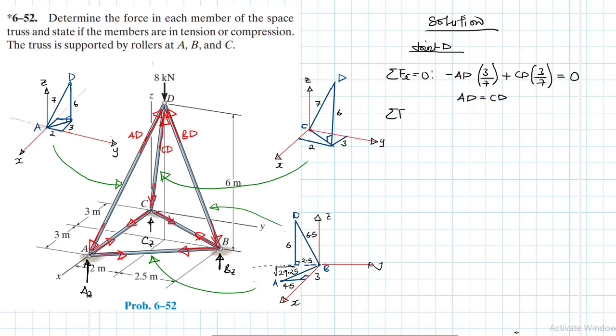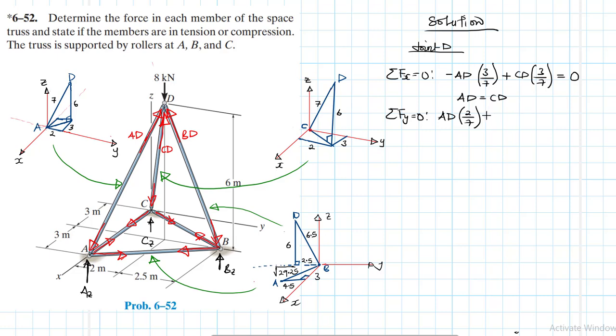Then summation of forces in the y direction equal to 0. We start with AD. Is it positive? We come here again, the same process, we repeat it for each particular slope. AD in the y-axis is positive, so this is going to be 2 divided by 7.